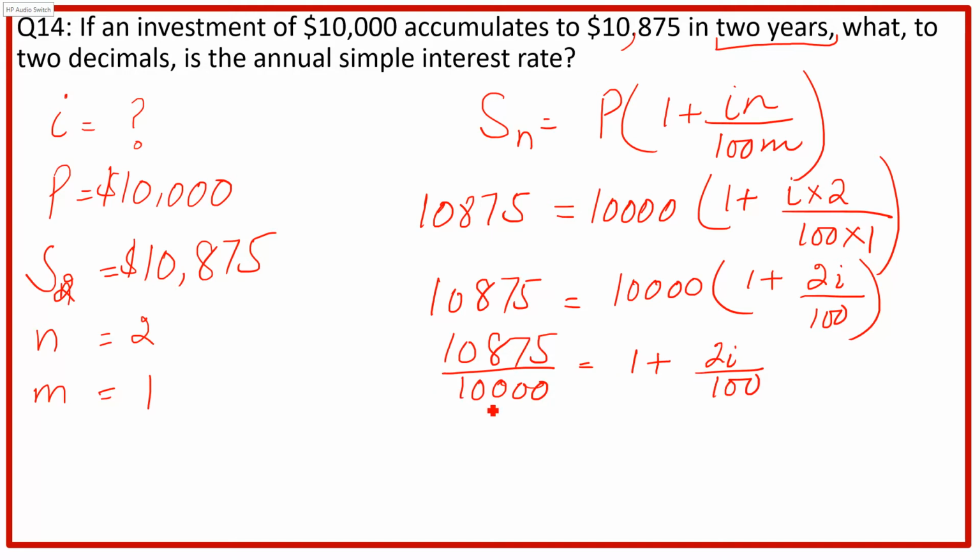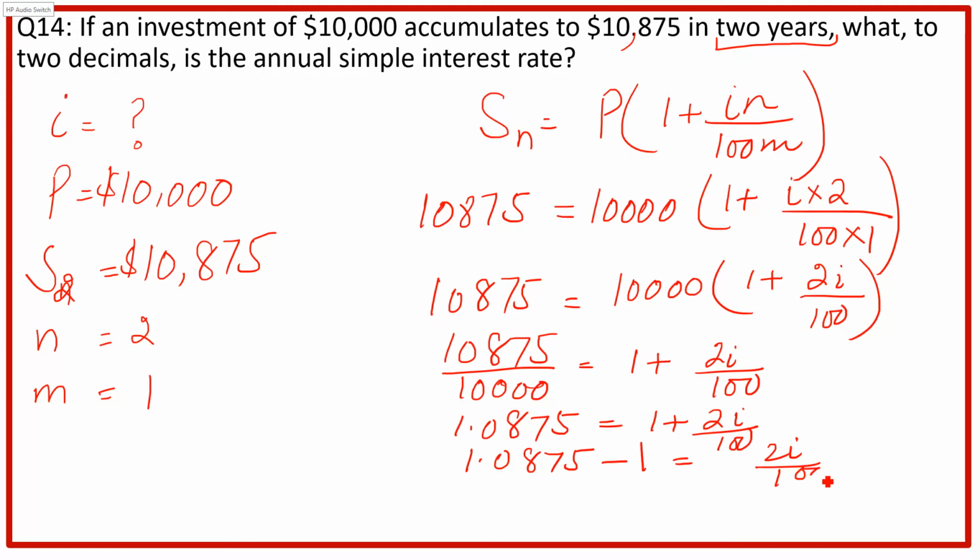When we divide this, we will get 1.0875 equal to 1 plus 2i divided by 100. In the next step, we will take this 1 to the left hand side of the equation. It will be minus 1, which is equal to 2i over 100.